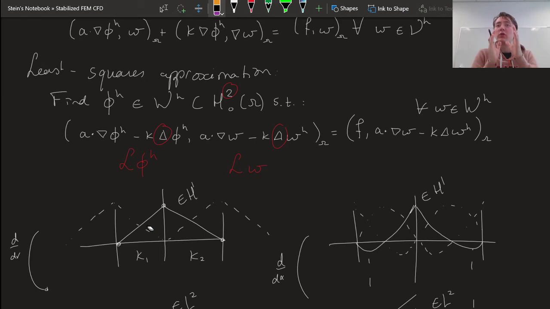I can't only consider certain sections of my domain. This has to hold on my complete domain. But nevertheless, I could forget about the boundaries, and then this would still be true. It would be true, but it would not define my solution, and that makes it ill-posed. But again, nevertheless, it would be true.